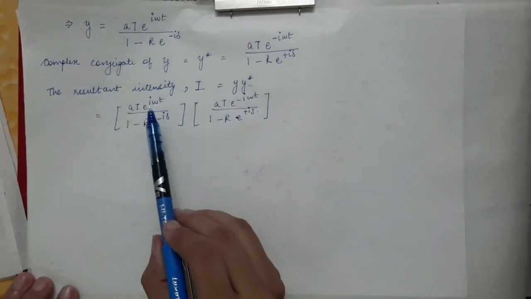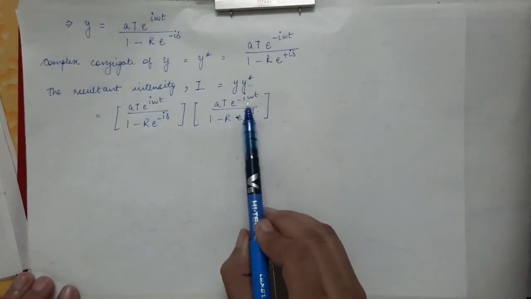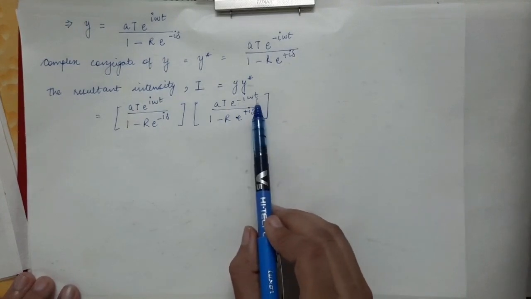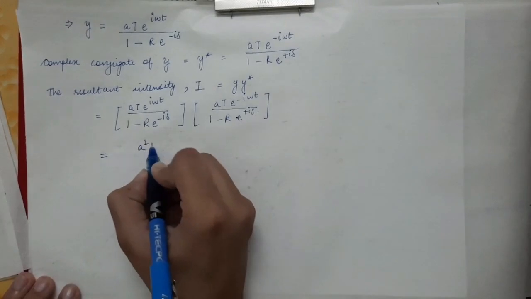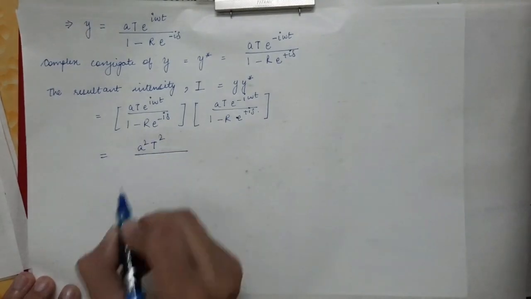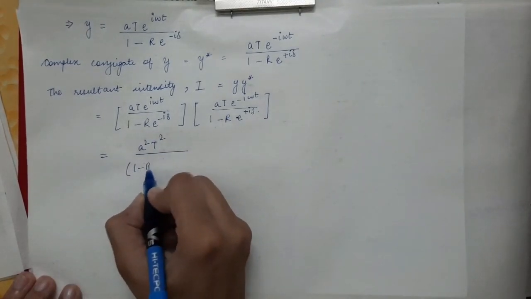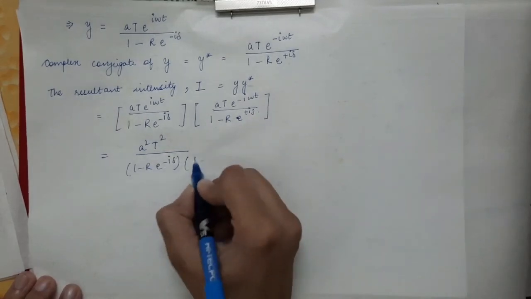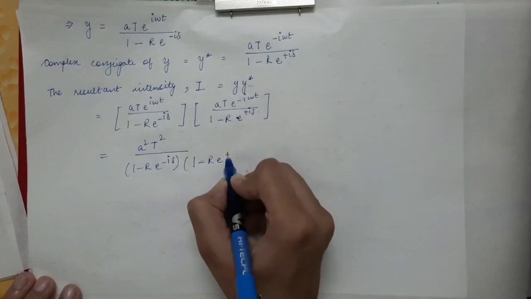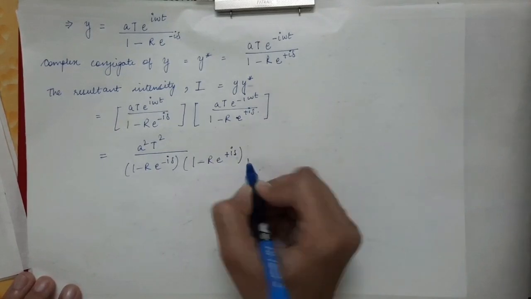When you multiply these terms, e^(iωt) and e^(−iωt) give 1. So the resultant intensity will be equal to a squared t squared divided by 1 minus r e^(−iδ) into 1 minus r e^(+iδ).